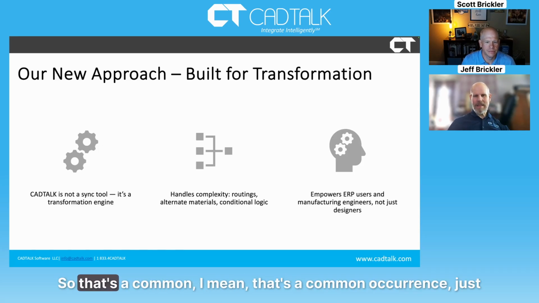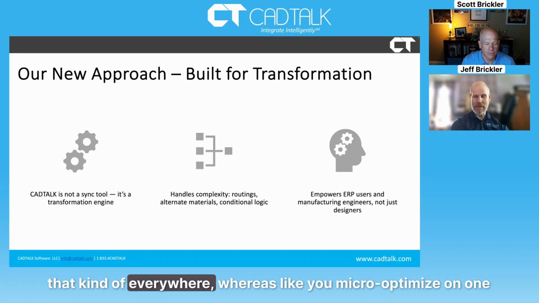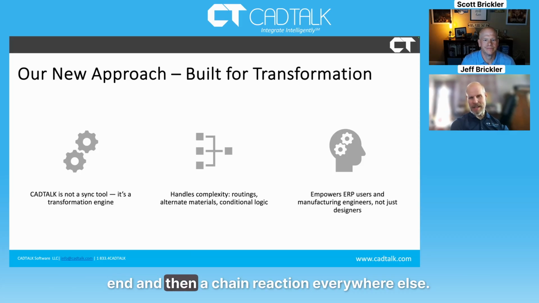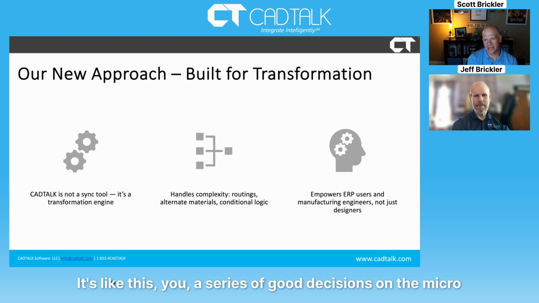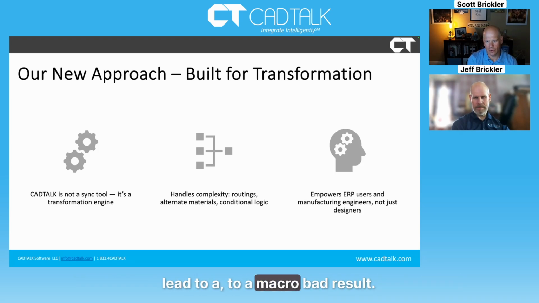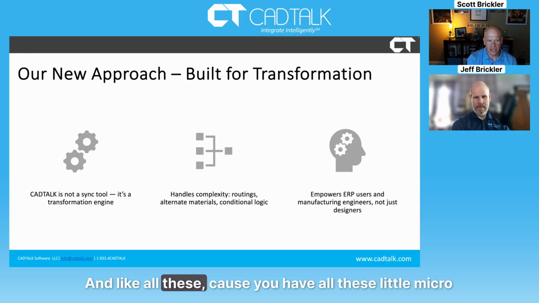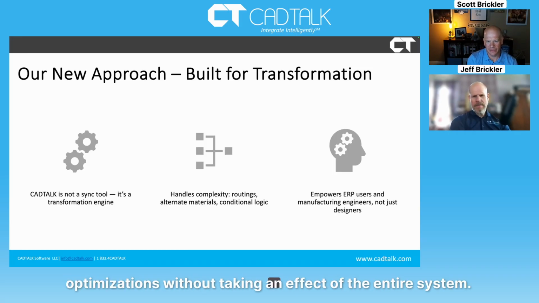That's a common occurrence, just kind of everywhere, where you micro optimize on one end and there's a chain reaction everywhere else. Oh yeah, that's system theory and things like that. You see that a lot. It's like a series of good decisions on the micro lead to a macro bad result, because you have all these little micro optimizations without taking into account the entire system.